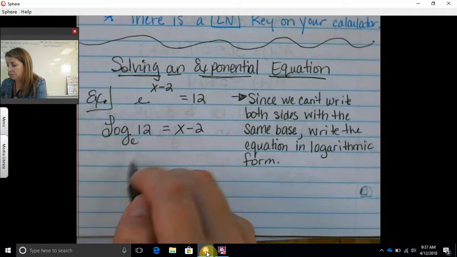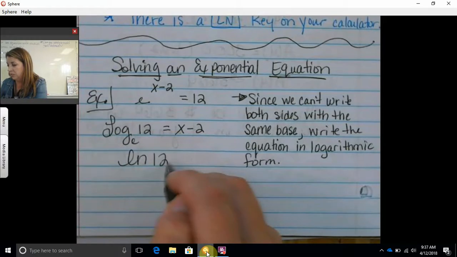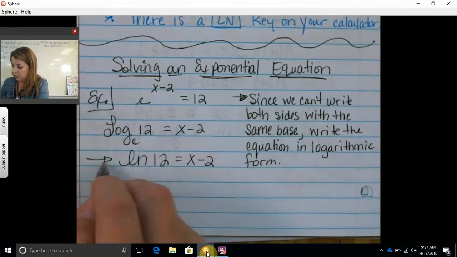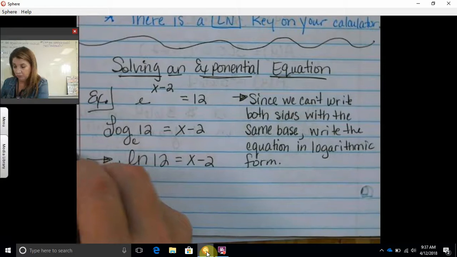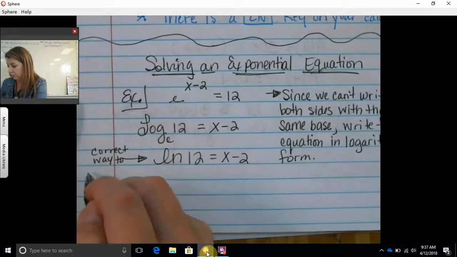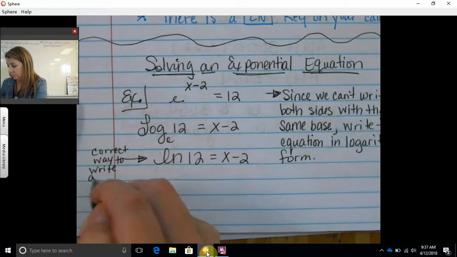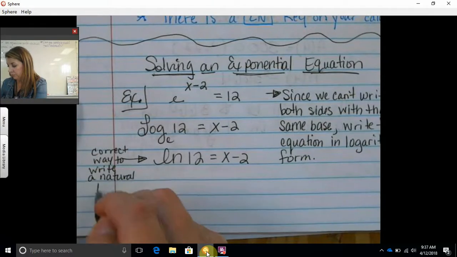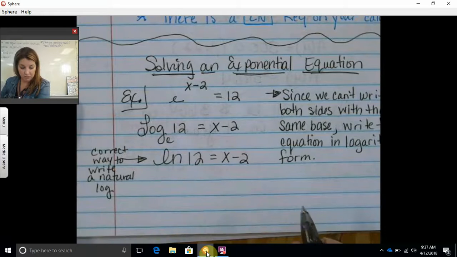We write natural log of 12 equals x minus 2. This is the correct way to write a natural logarithm.